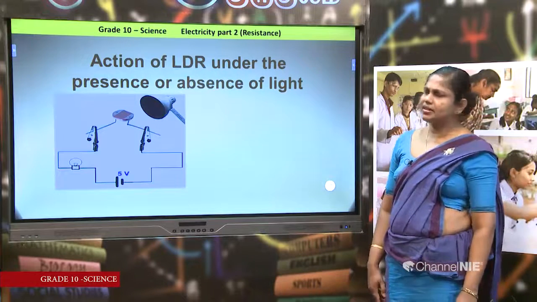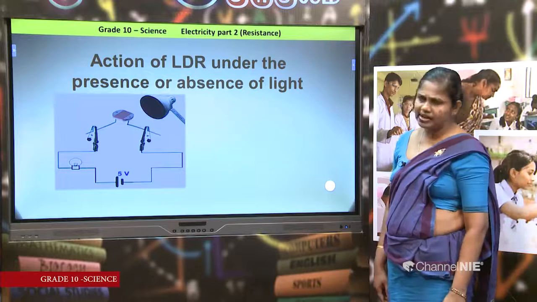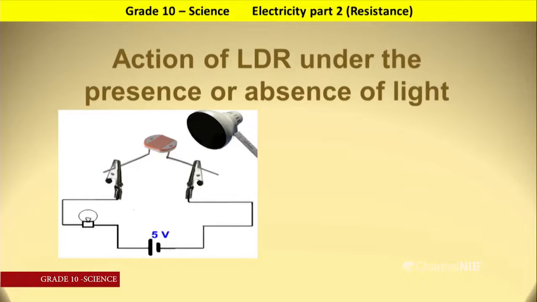Please look at the circuit given here with an LDR. There is no light to the LDR, that indicates it is dark. What happens when there is no light, children? The resistance of the LDR increases to a greater value.